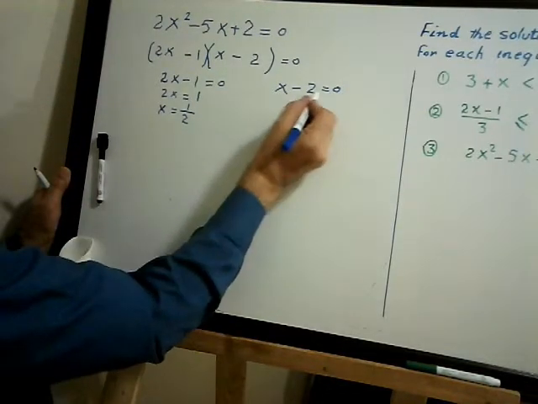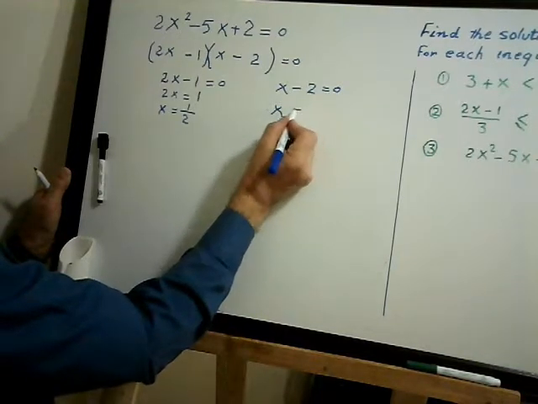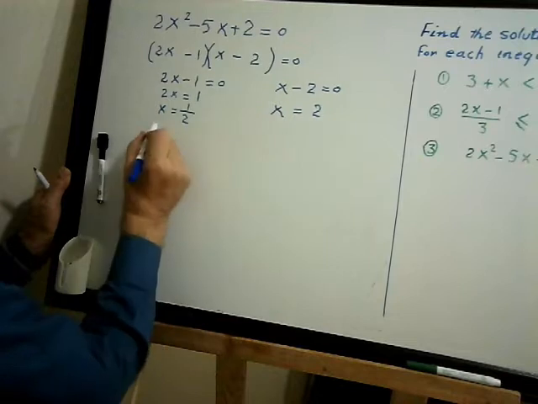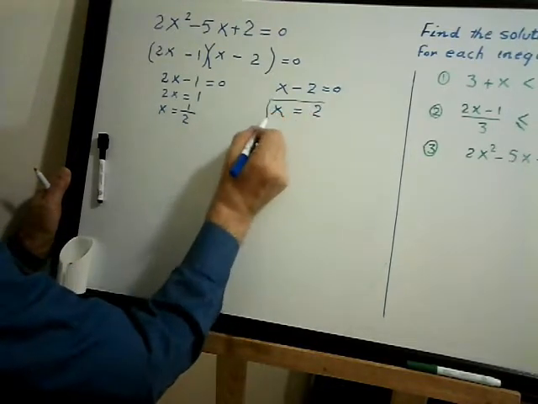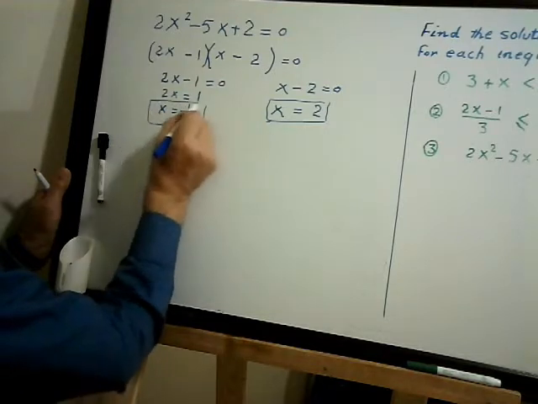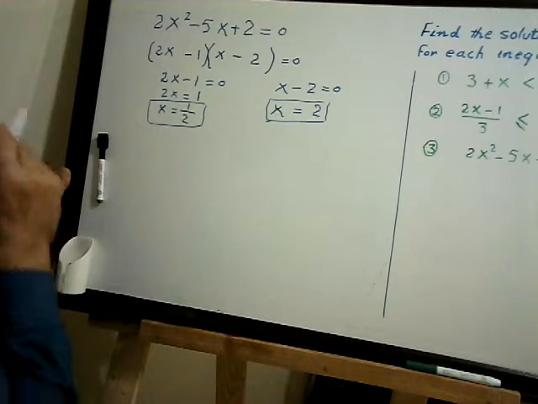And here just transfer 2 to the other side, it will be plus 2. So there are two values for x that make this equation true.